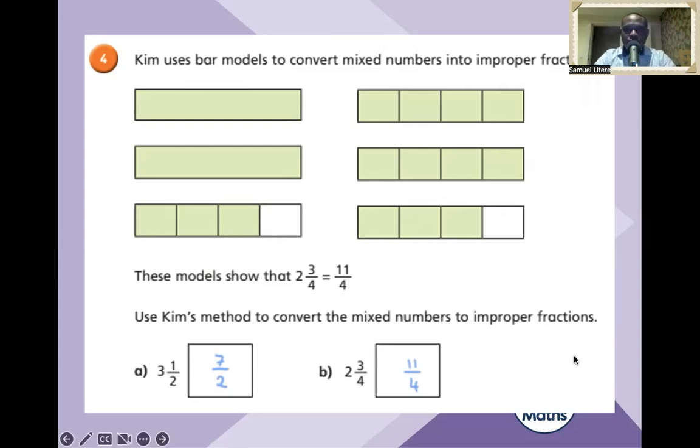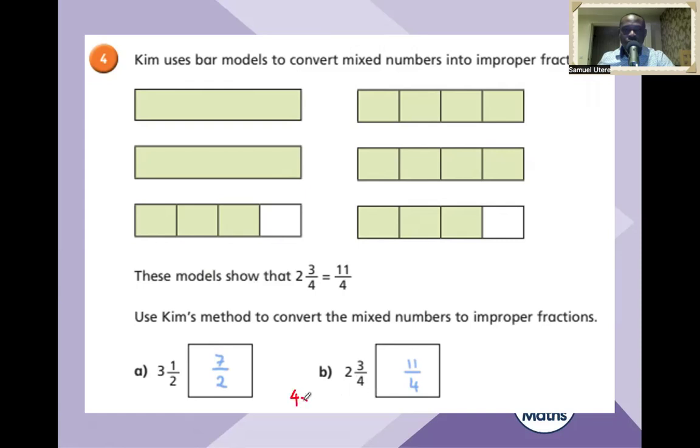And then look at this one here. You can apply the same knowledge here. You can say, okay, how many quarters do you need to make 2 wholes? So we know we need 4 quarters to make 1.